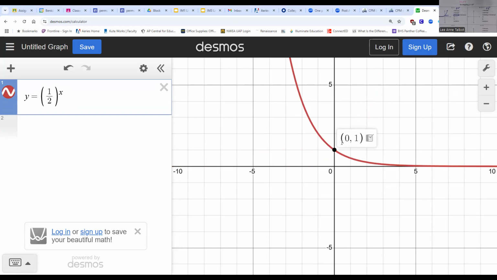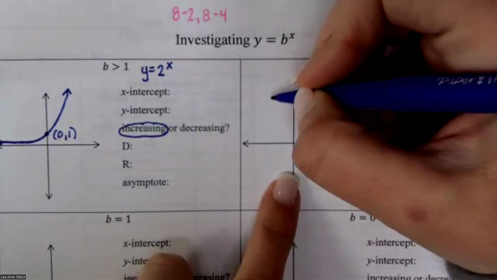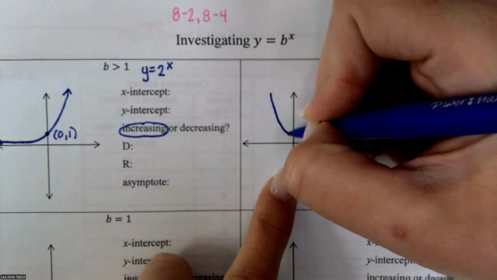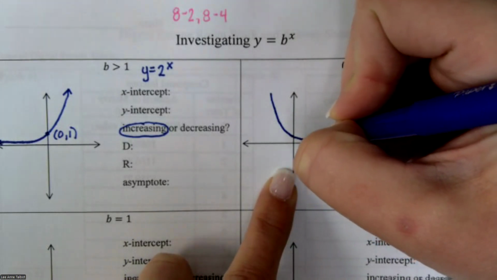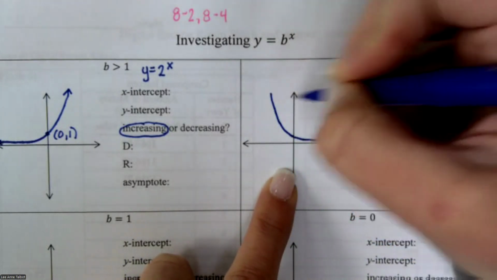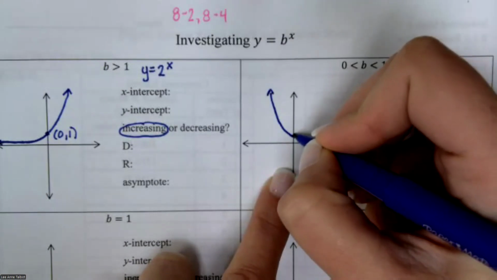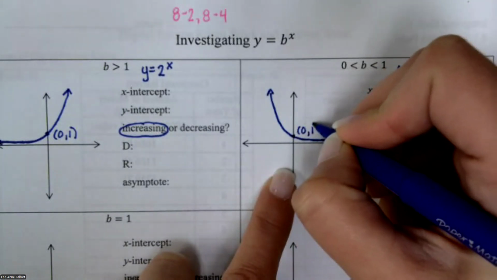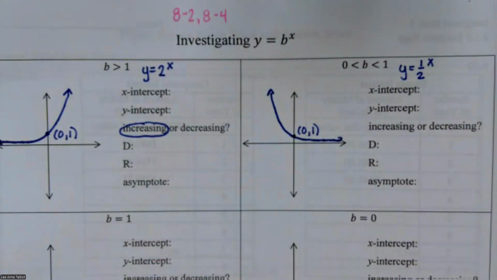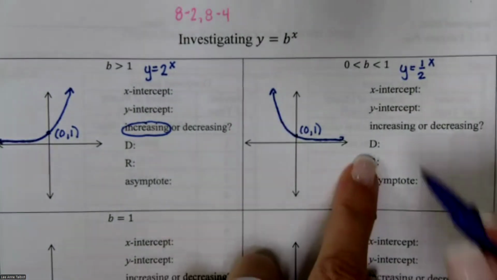So it has the same y-intercept, but it's coming downward. So do your best. Try not to touch the x-axis. And this one is decreasing.